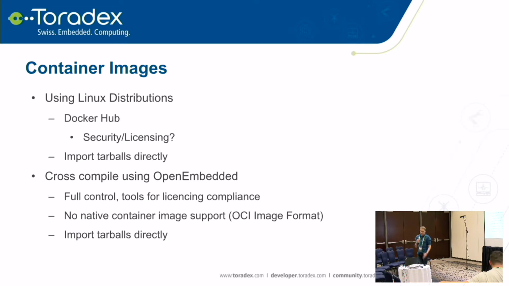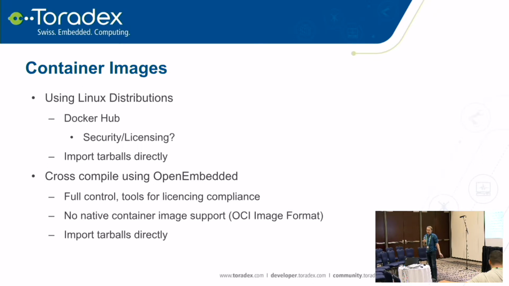If you don't have Docker, or if you have just systemd-nspawn, then you have a root file system tarball which you obtained somewhere. If you use Linux distributions, they often come from Docker Hub.